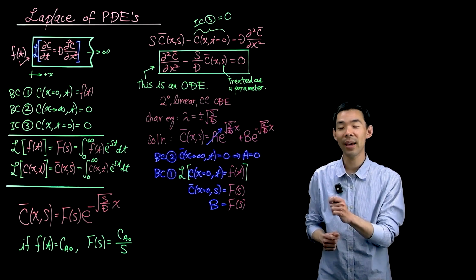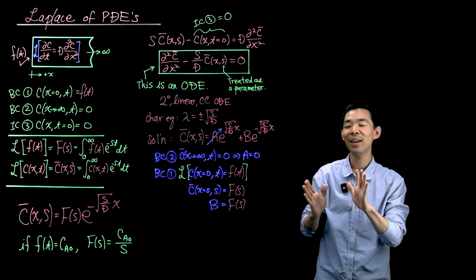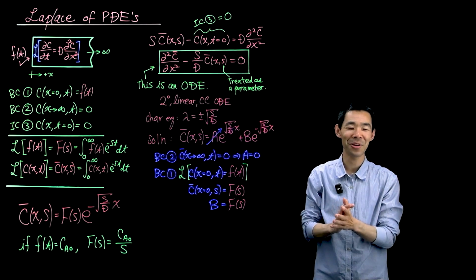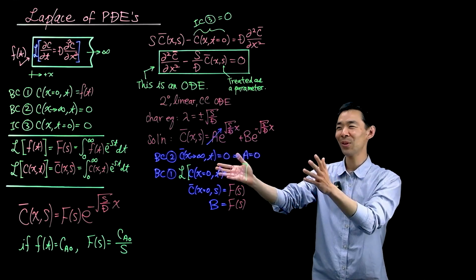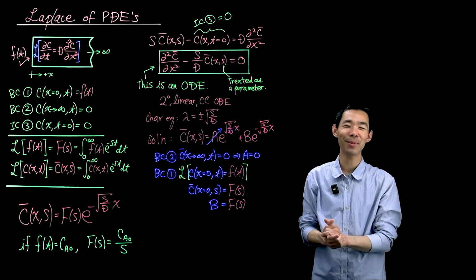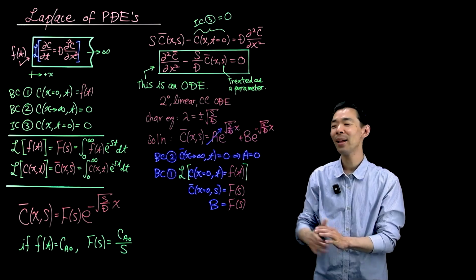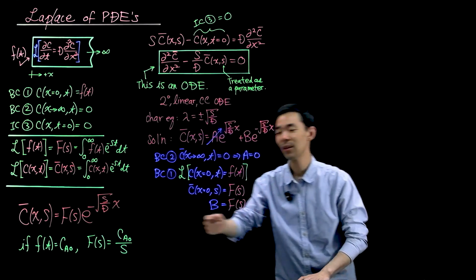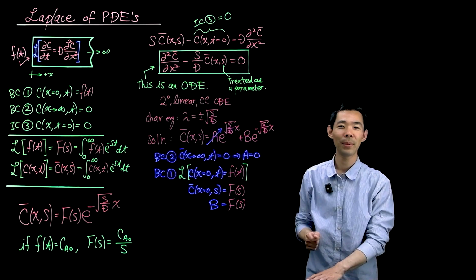In this particular case, this problem of diffusion into a semi-infinite media is sufficiently common in science and engineering. After all, diffusion is everywhere in science and engineering. So, of course, this error function solution is going to be commonly represented in a lot of textbooks and Laplace tables. There is indeed a good table that has this inverse. So let me show you the inverse expression for this particular solution.